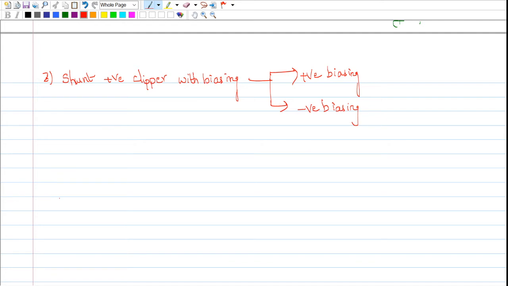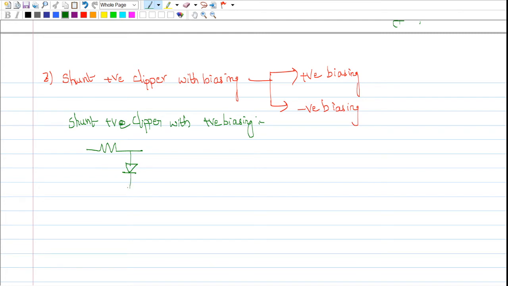The first one is the shunt positive clipper with positive biasing. This is the circuit diagram.